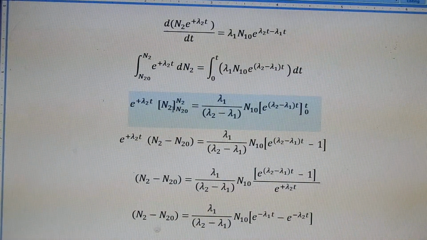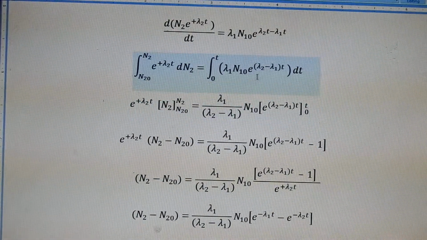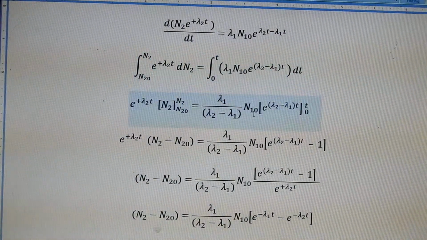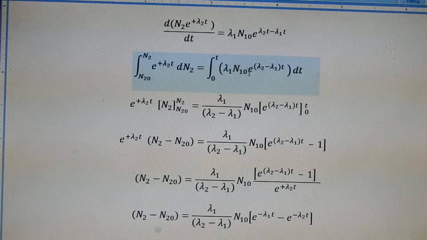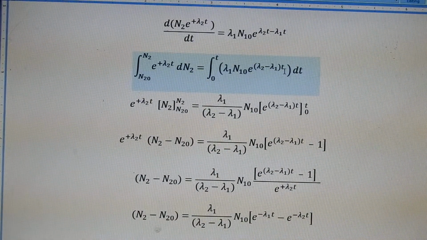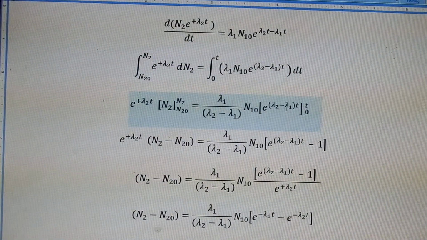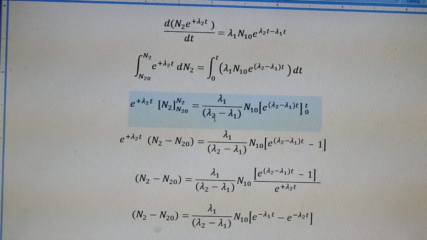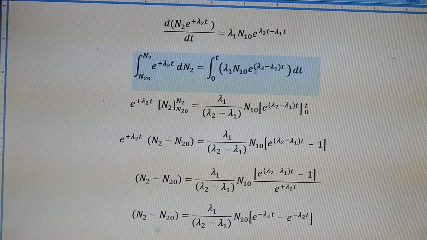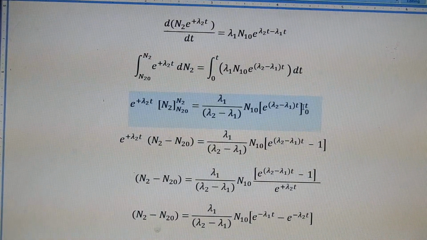This is the limit we have to apply, N2₀ to N2, equal to this integration value. λ1 is already there, it is not integrable, N1₀ is also not integrable, so I am writing them outside. The integration from 0 to t of e^((λ2 − λ1)t) dt is e^((λ2 − λ1)t) over (λ2 − λ1). So this is the value for the integration. Limits apply only for this term, that is why I am writing it separately in the bracket. So the 0 to t limits I have written.